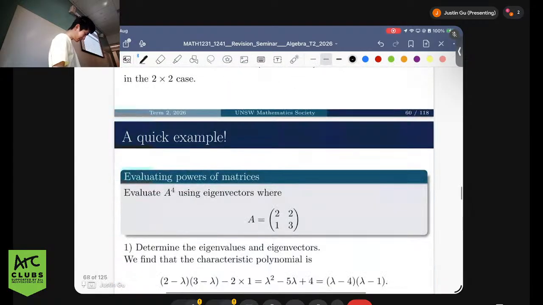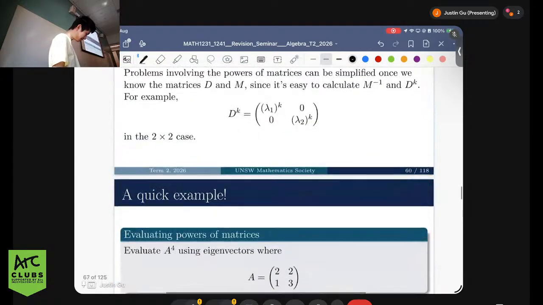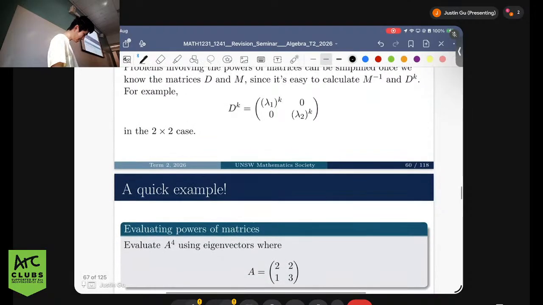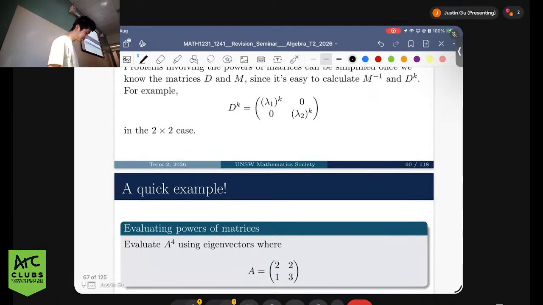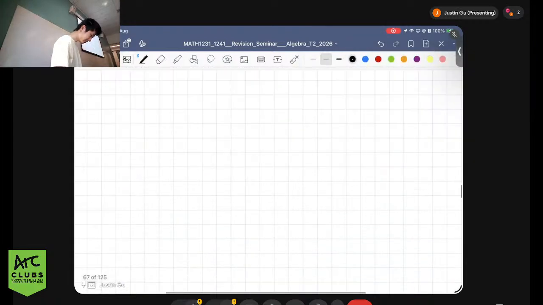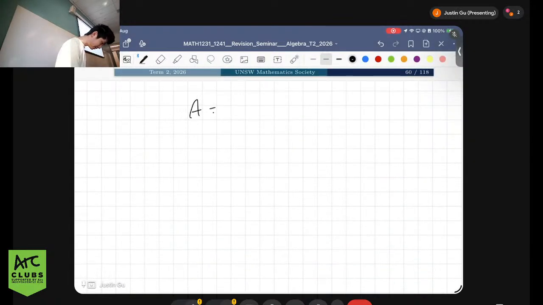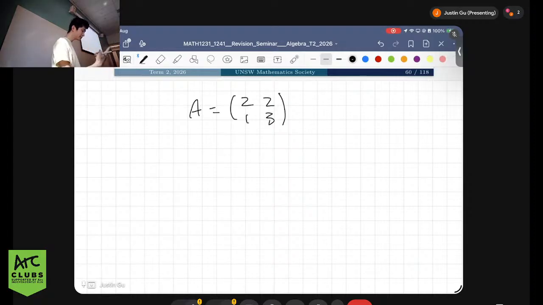So we can evaluate A to the power of 4 using eigenvectors, where A equals 2, 2, 1, 3, right? First of all, we want to find the eigenvectors, so we'll calculate the characteristic polynomial.